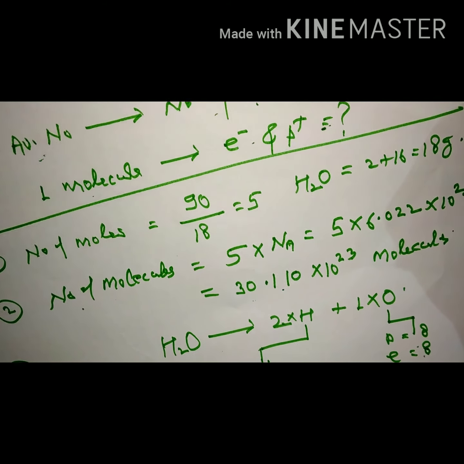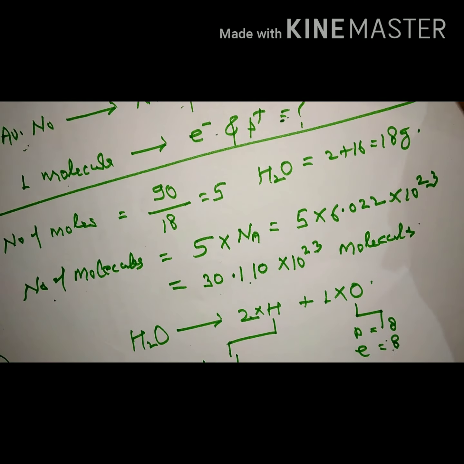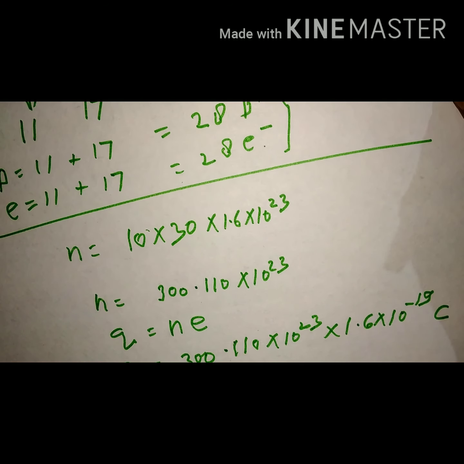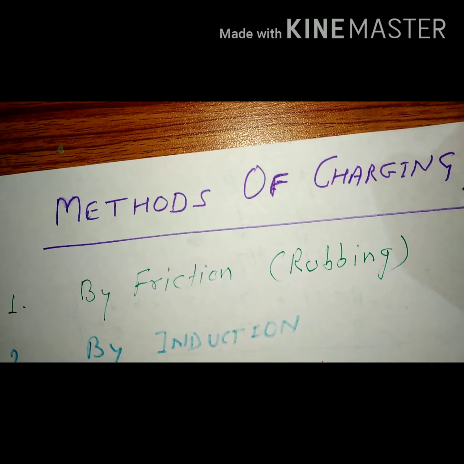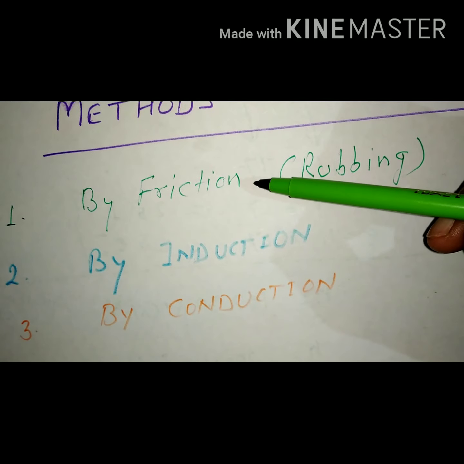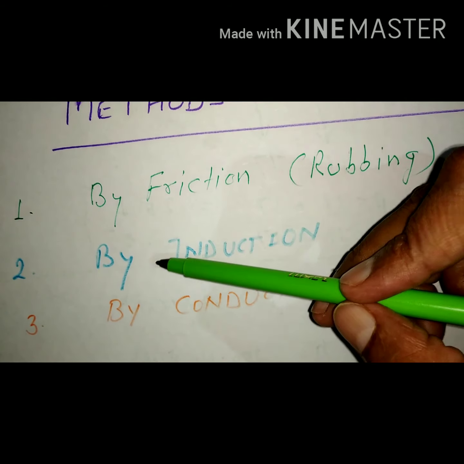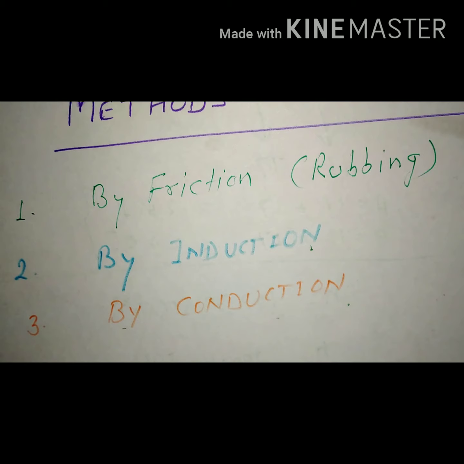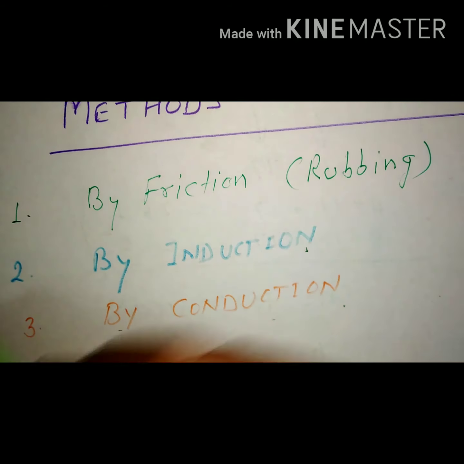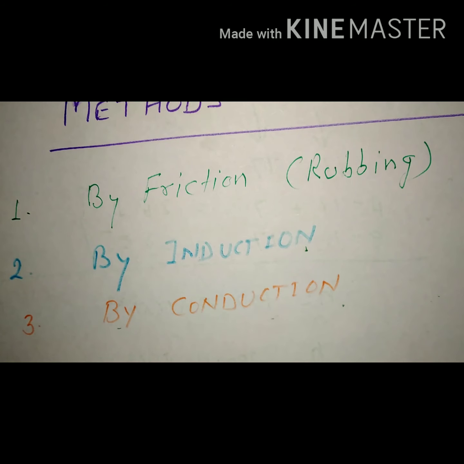Now let's see how we can charge a body. For charging a body, there are mainly three methods: by friction, that is by rubbing, by induction, and by conduction. By friction or by rubbing, when we rub two materials, there happens the transfer of electrons from one body to another.